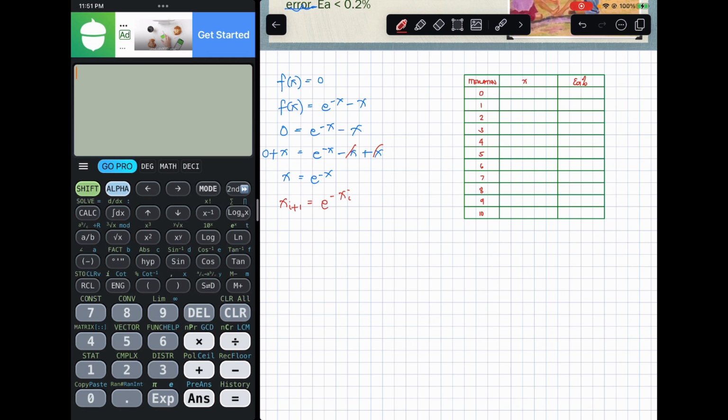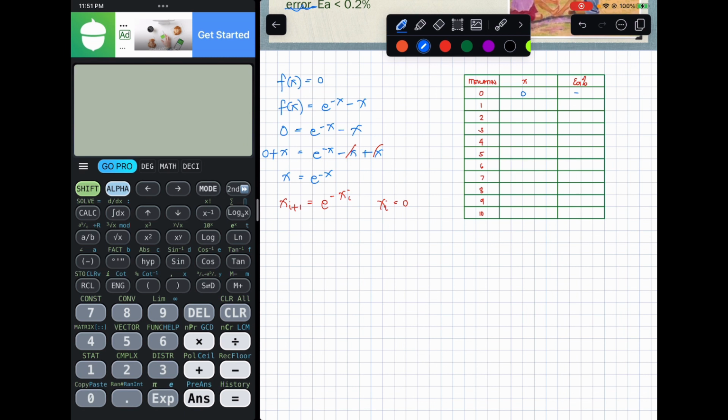We start with x of i equal to 0, and we don't have an approximate error yet.